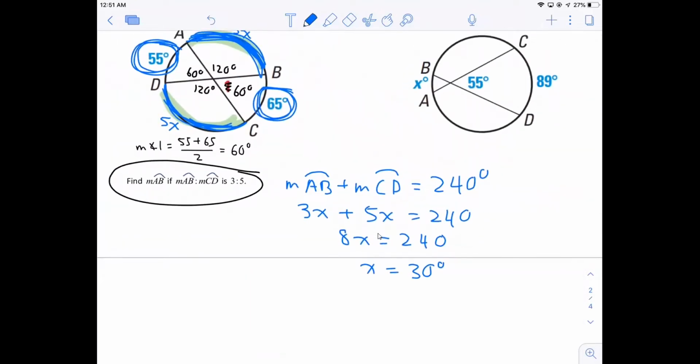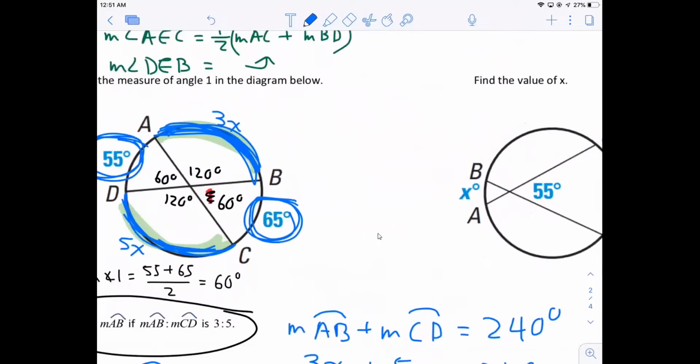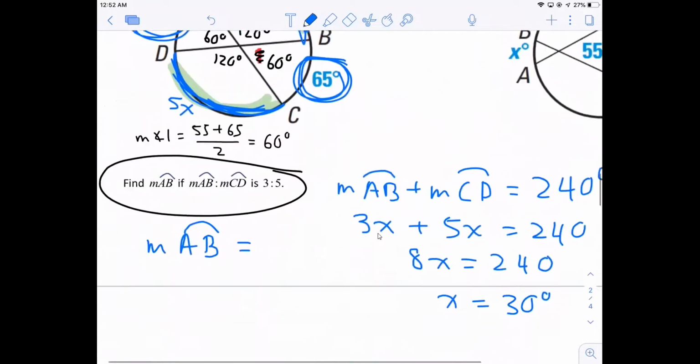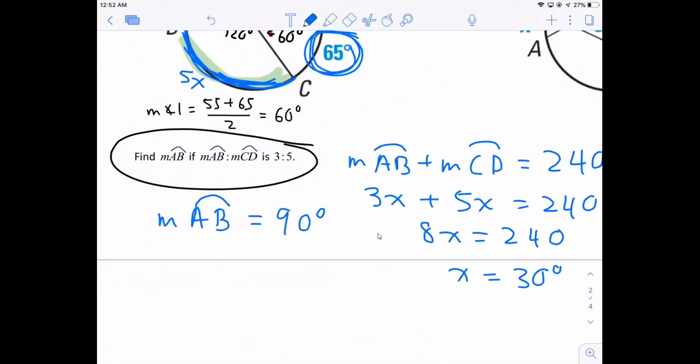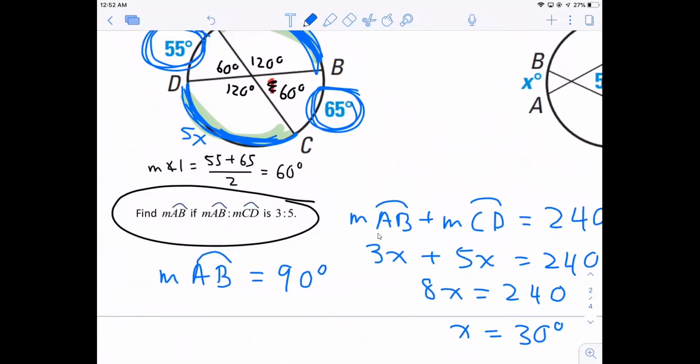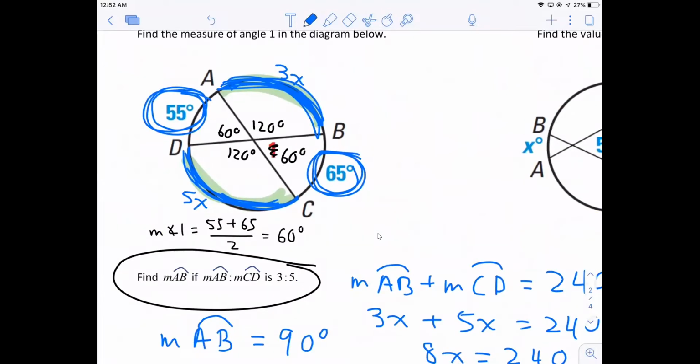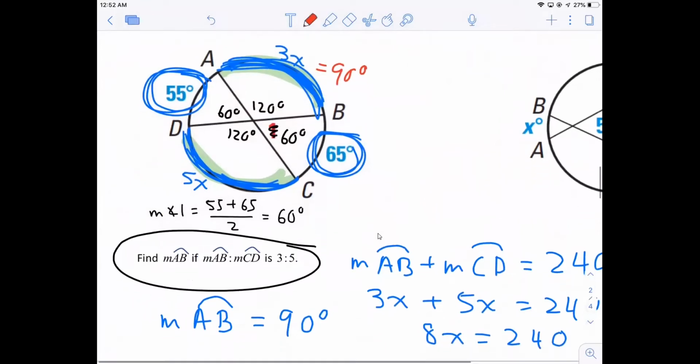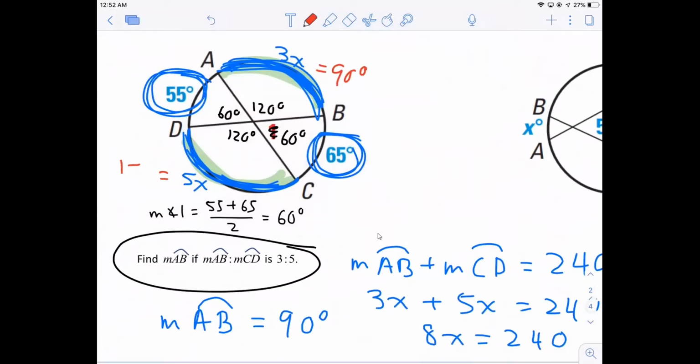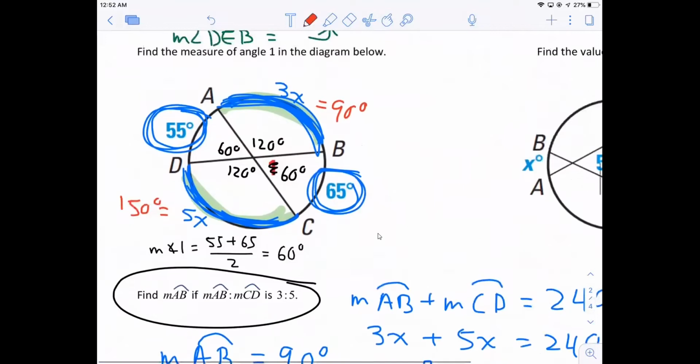So if x is 30 degrees, the measure of arc AB is going to be 3 times 30. That's going to be 90 degrees, which would make this DC 150 degrees. 90 and 150, and that is, of course, going to be a 3:5 ratio because 90 over 150 is 3/5, right?